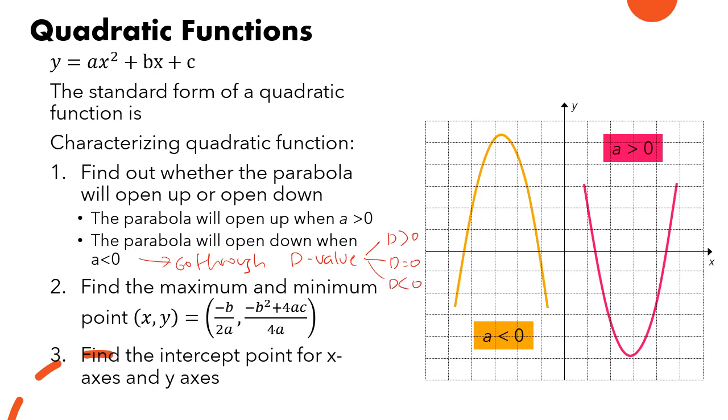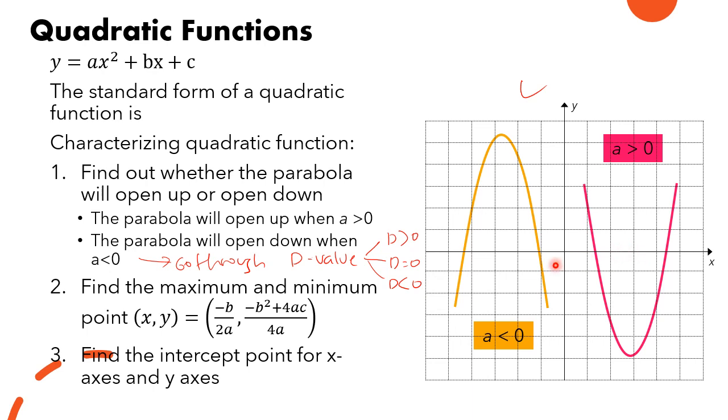So before you draw, here on the right side, you already have an image of how you are going to draw this. If it is bigger than 0, my parabola will open up. And if the discriminant is equal to 0, then it opens up but touches only one point at the x-axis.